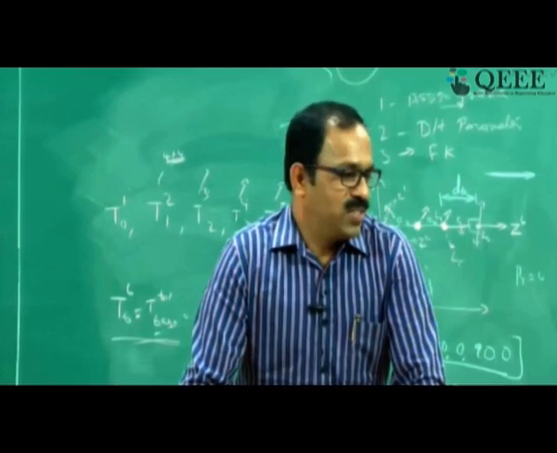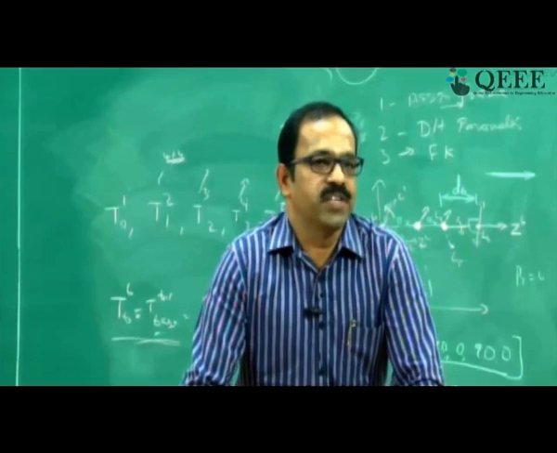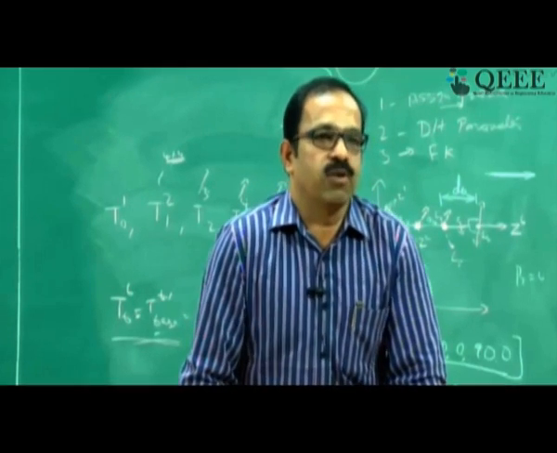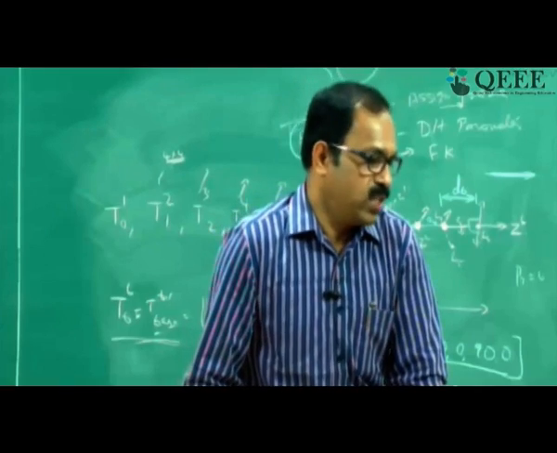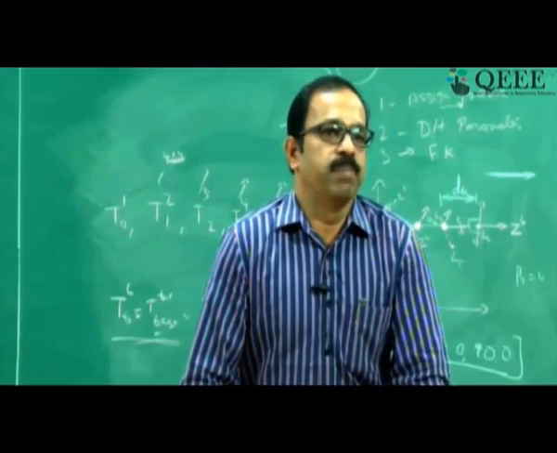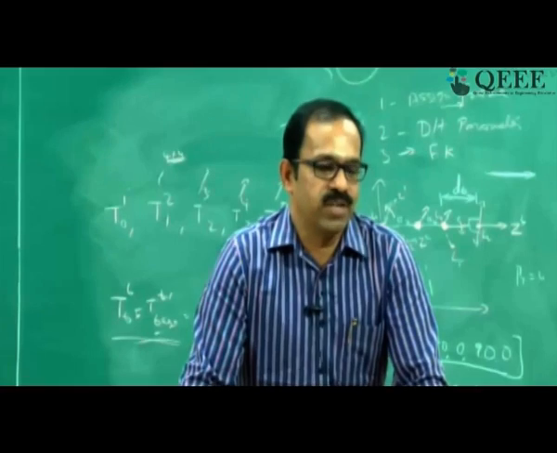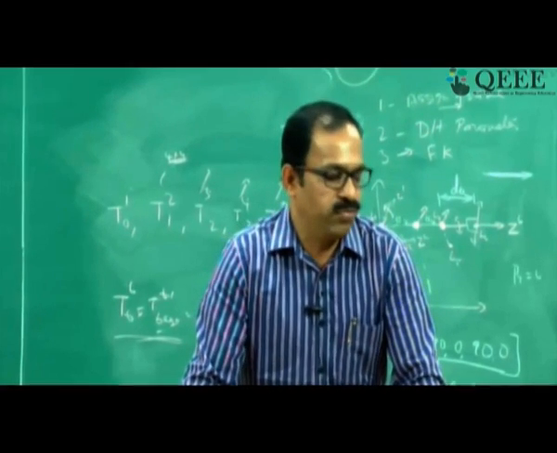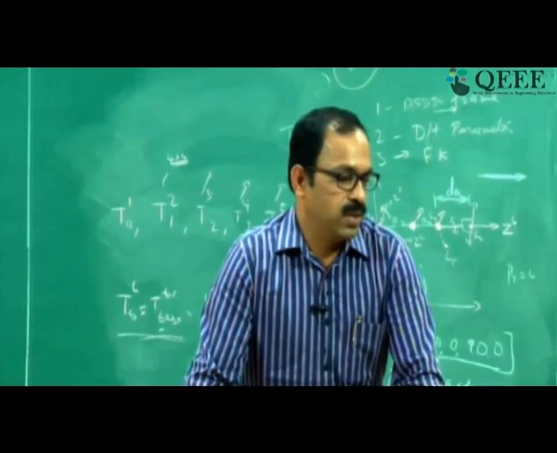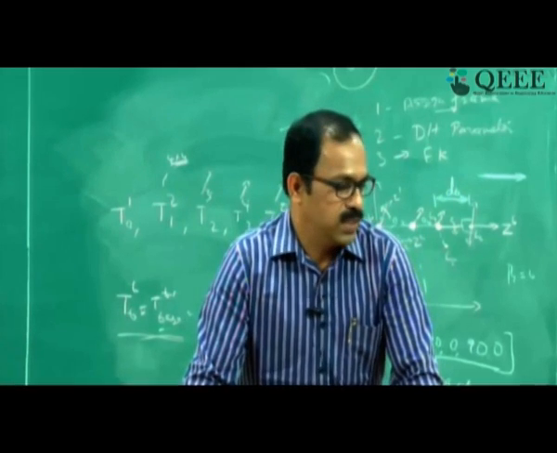B is correct. It's a false statement because it need not be at the physical location of the joint. It depends on the way we assign the coordinate frame, and then we look at the intersection of the joint axes for k and k minus 1.